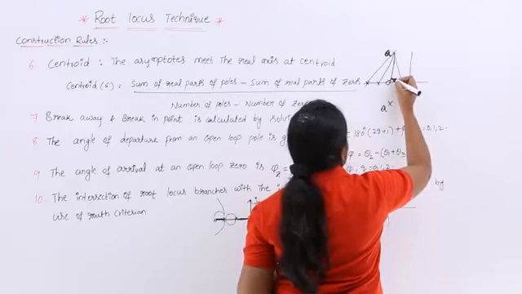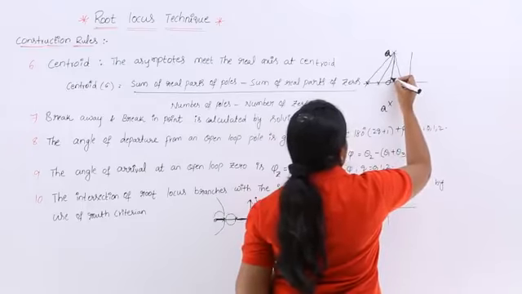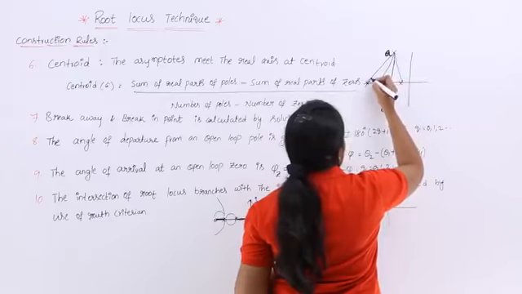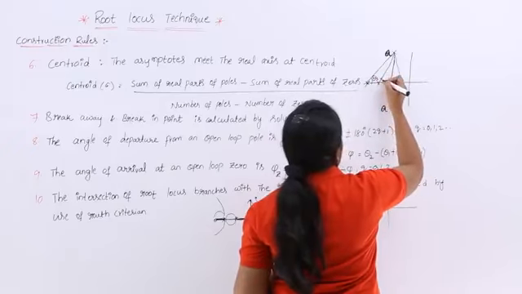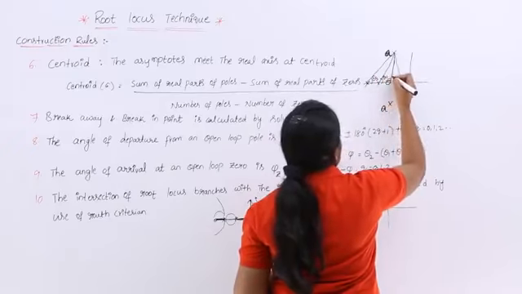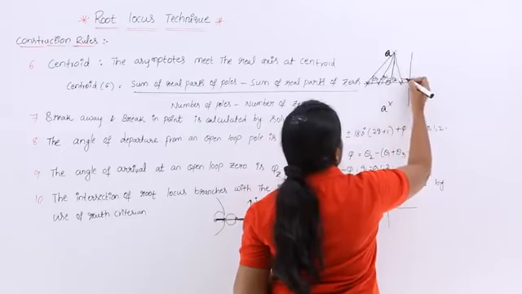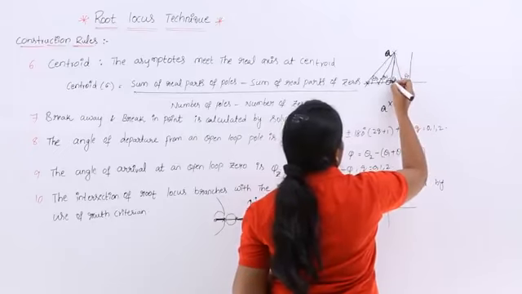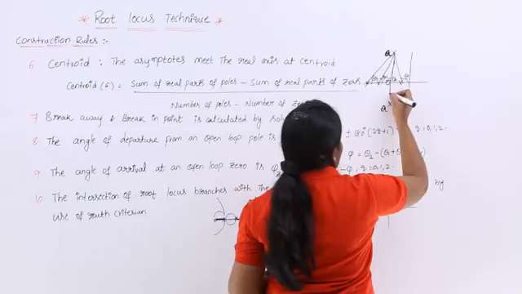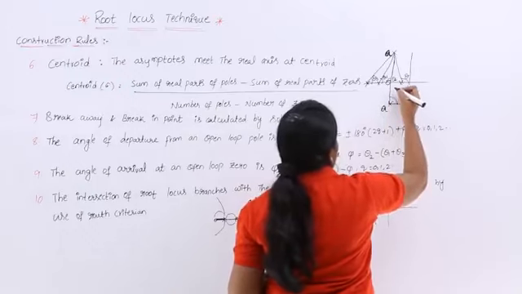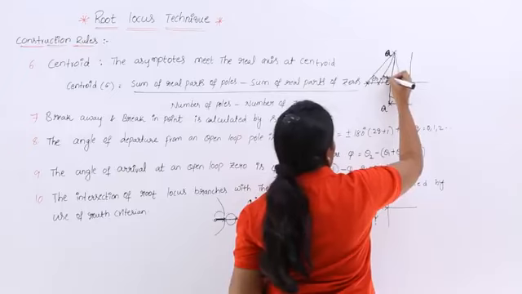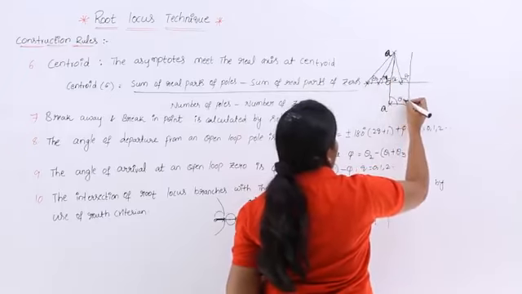So this is theta 2, this is theta 3, theta 4, and this is theta 1. You just consider any angle.